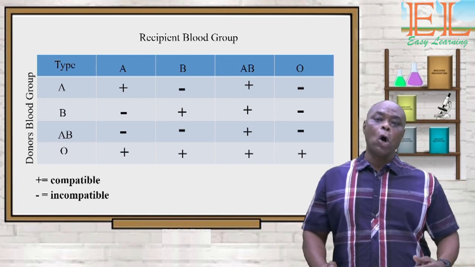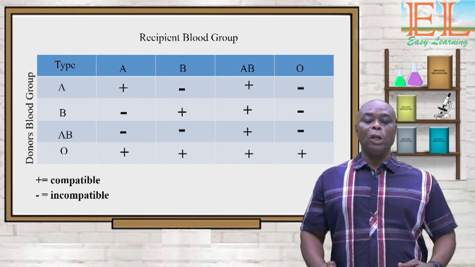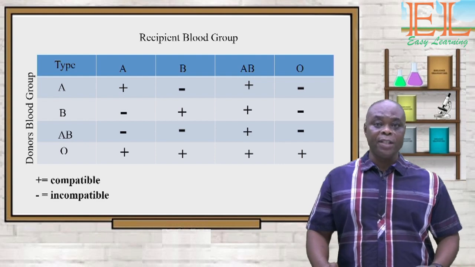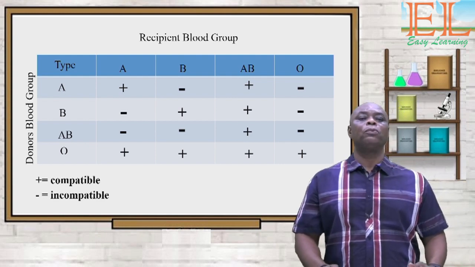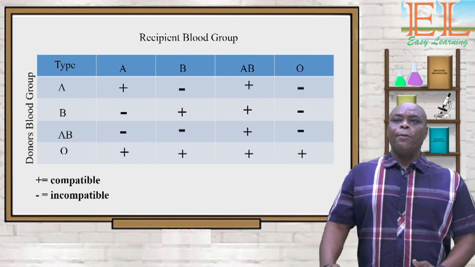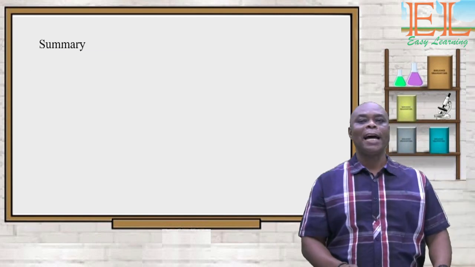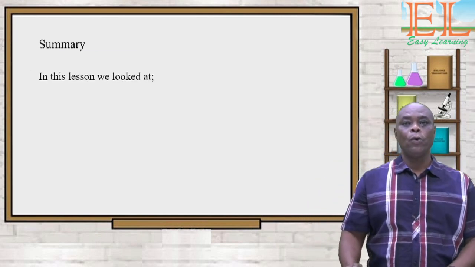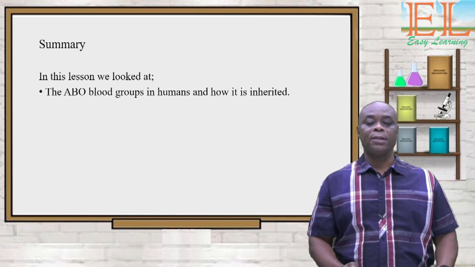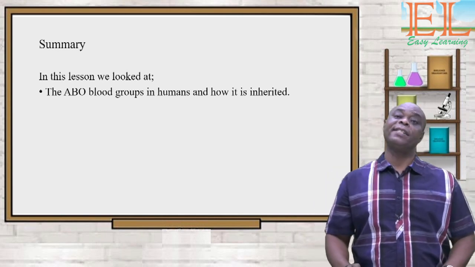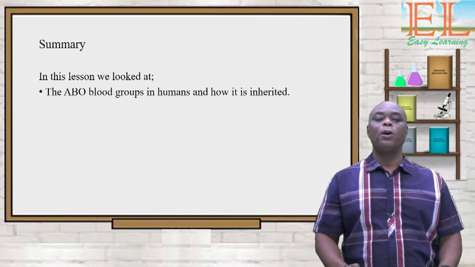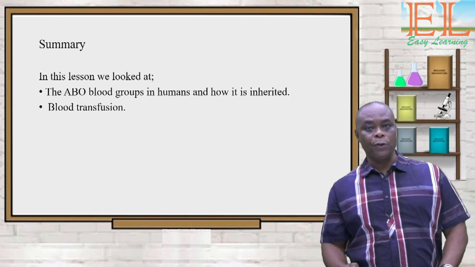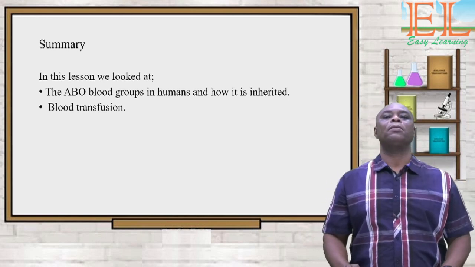It can donate to all blood groups, including itself, but cannot receive from the other blood groups. Now, for summary, we've looked at the ABO blood group system in humans and how it is inherited. We've also looked at blood transfusion in humans.